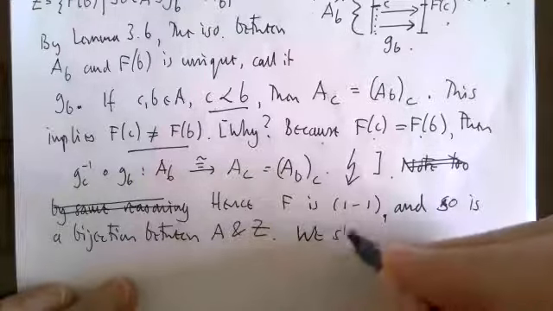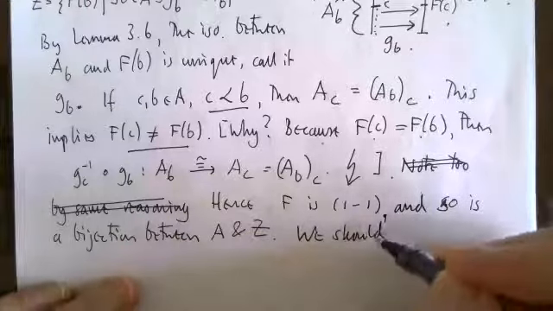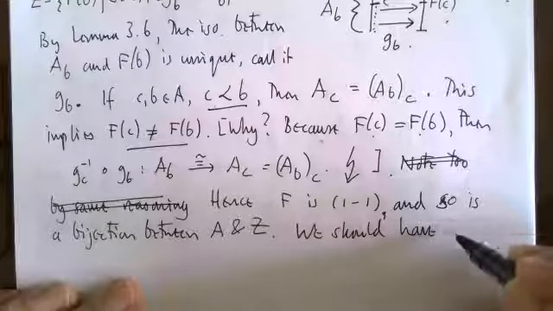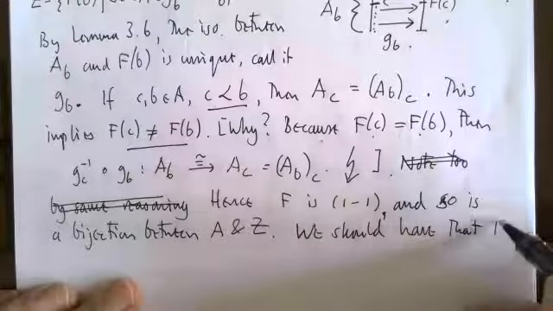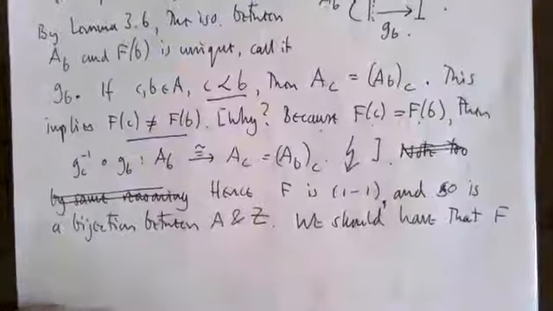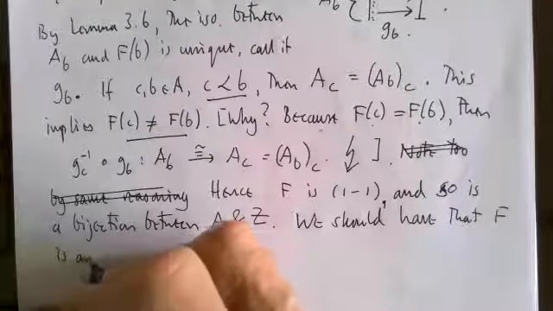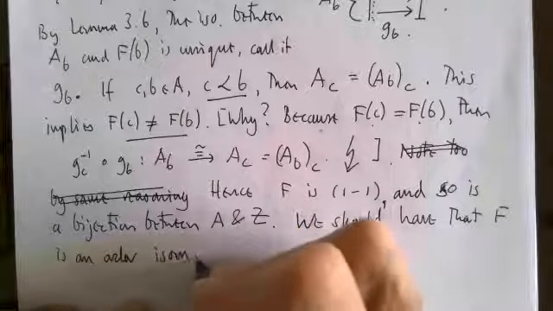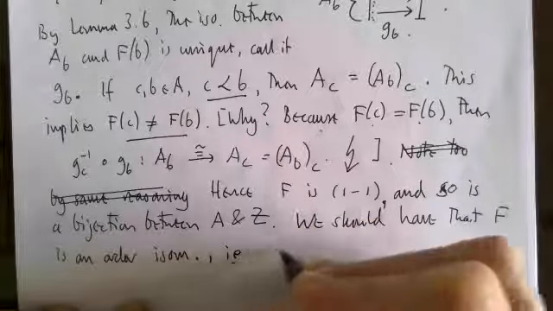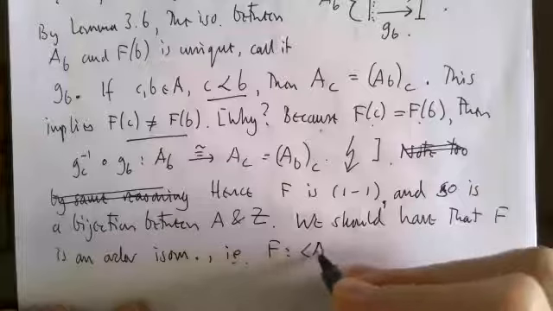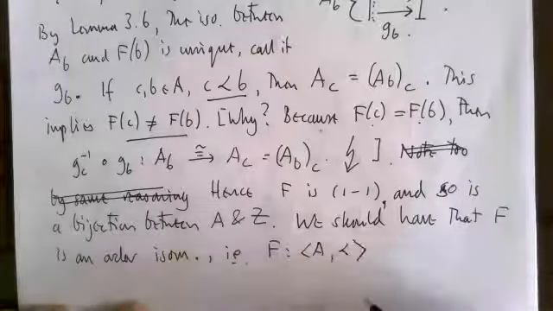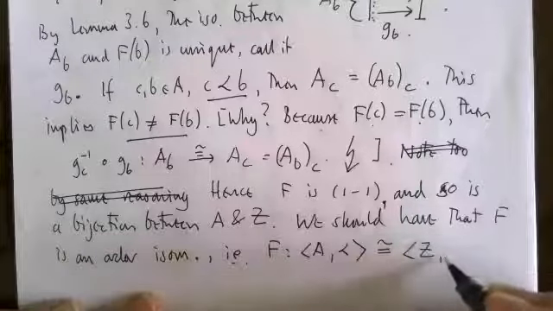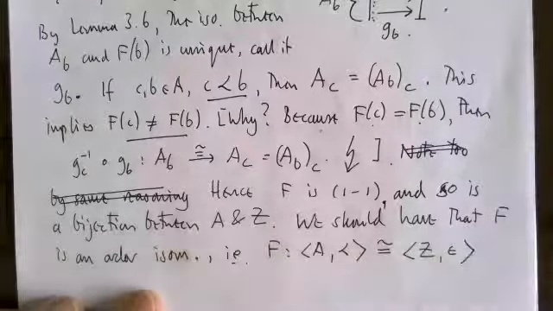So there's a comment that says that we should have that f is an order isomorphism, i.e. f takes A with its less than, isomorphic to Z with epsilon, right?